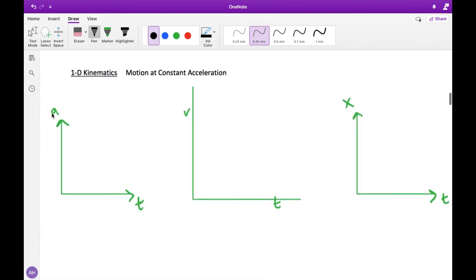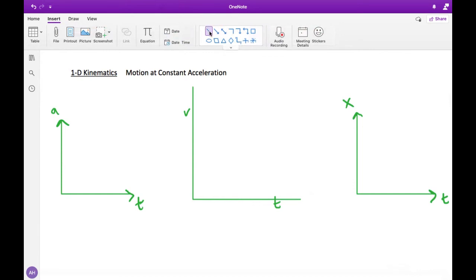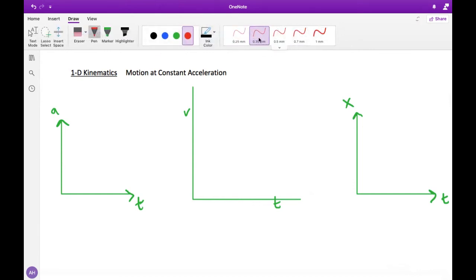So first, looking at this acceleration time graph, if we assume that the acceleration is constant, how do you think we would graph out a constant acceleration? Just something to quickly think about.